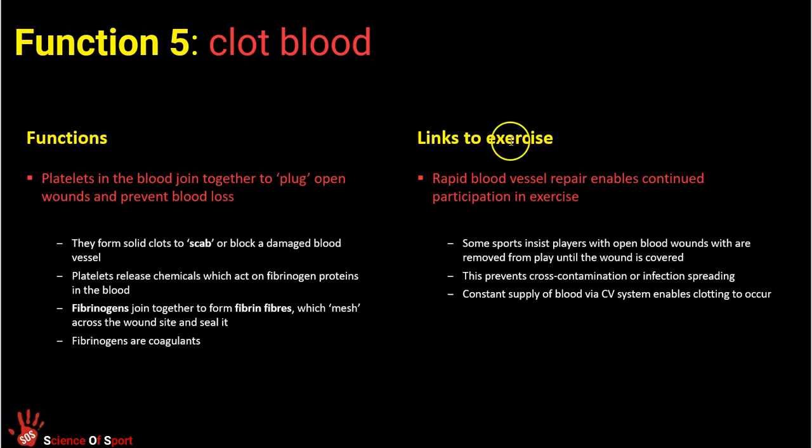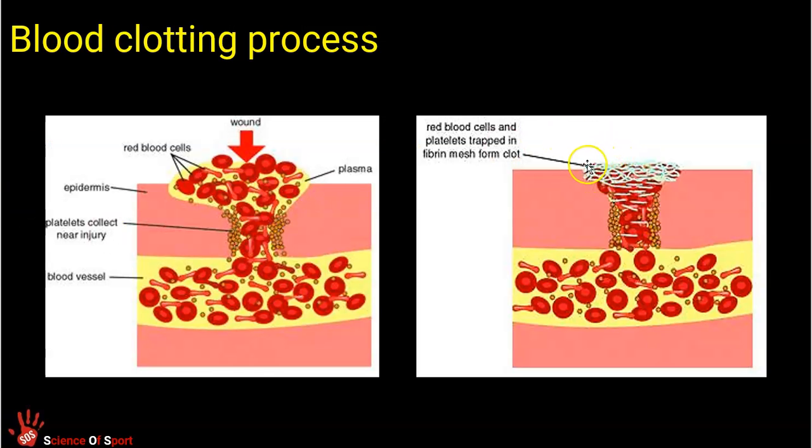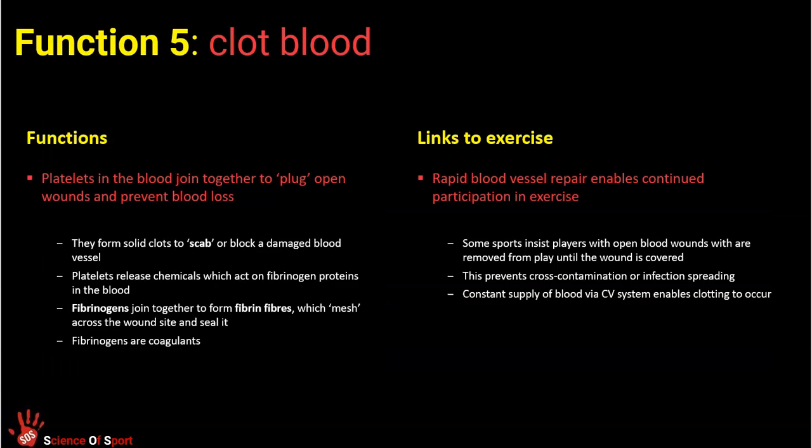If I just go back to this image here, so we've got this combination of platelets and fibrinogens making a mesh, and that is what blocks and temporarily plugs this open wound. Fibrinogens basically make things congeal or become sticky or become thicker.